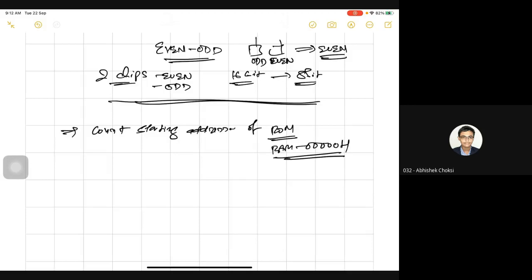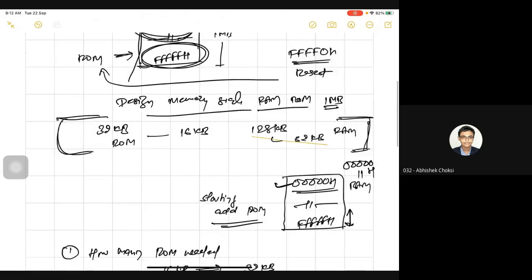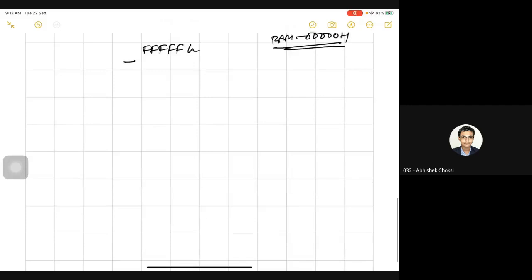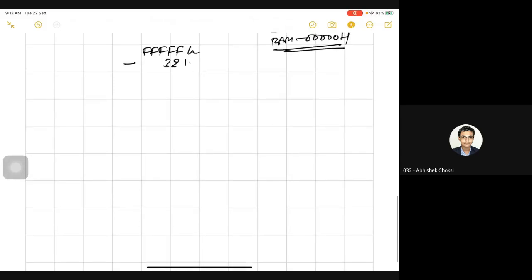So our memory will end at FFFFFH. Minus, what is the size of our ROM? 32 KB. So FFFFF minus 32 KB will give you the address.